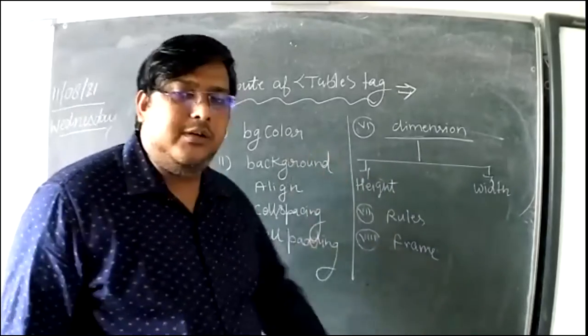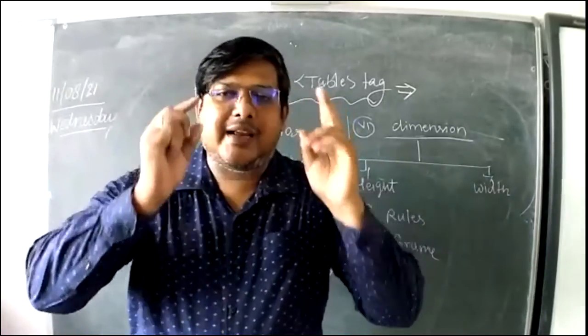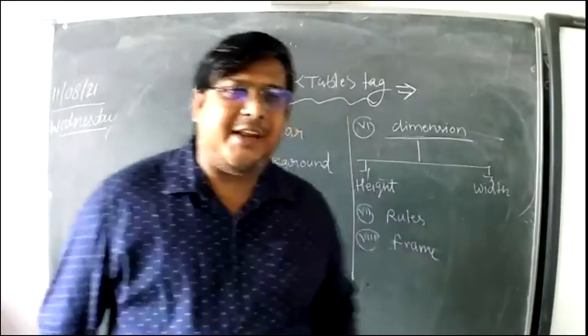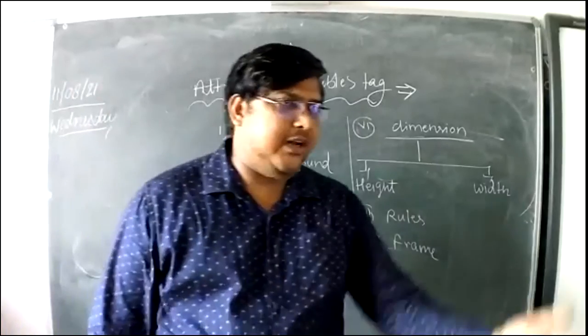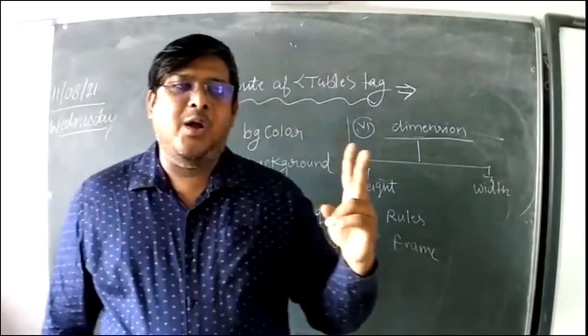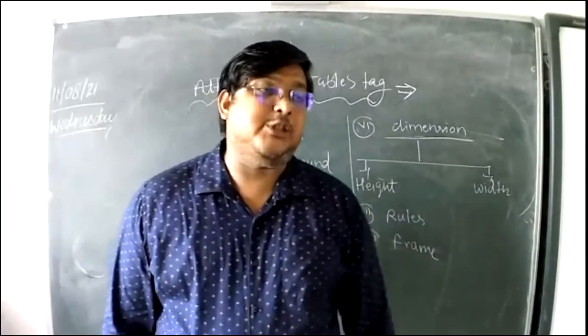So write out one more thing. In the board, they are asking, tell me the name of two tags where we are using BG color and background. Which one is that?